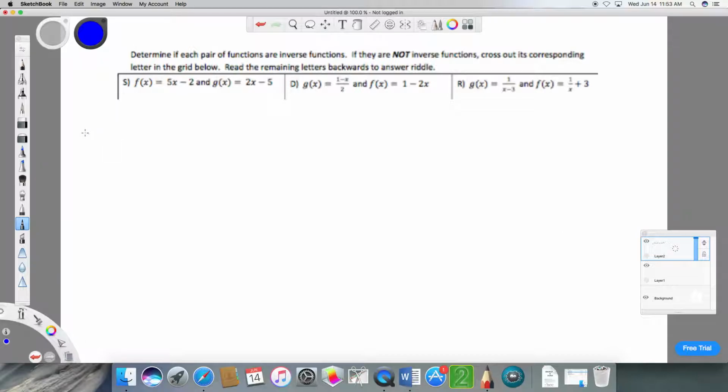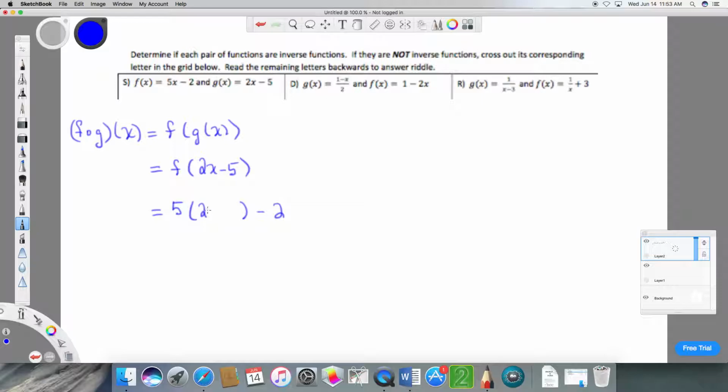So in number 5, we want to find f composed with g of x. So we want to input g into f, and g is the function 2x minus 5. Now f always creates a subtraction problem where it's 5 times the input minus 2.